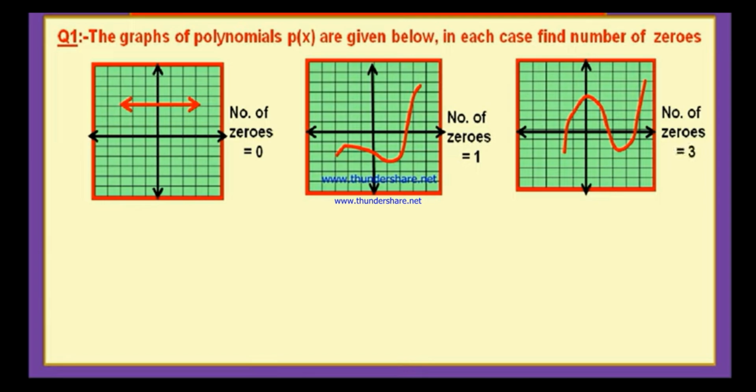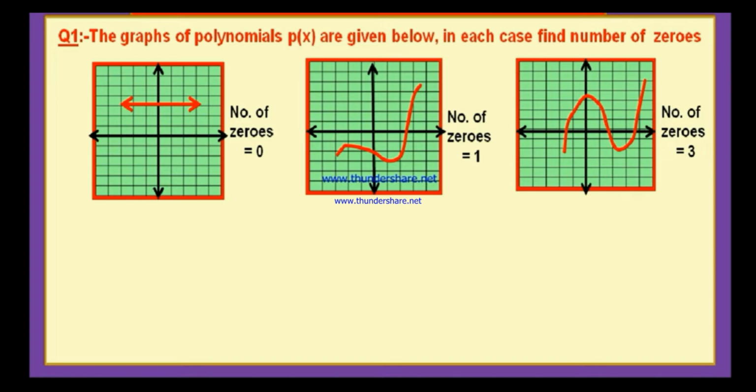Please keep in mind, in whatever graph is given, in order to find out the number of zeros of the given polynomial, we have to verify at how many points the given graph is intersecting x-axis. The number of intersecting points is equal to the number of zeros. Why is it so?